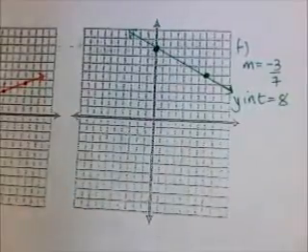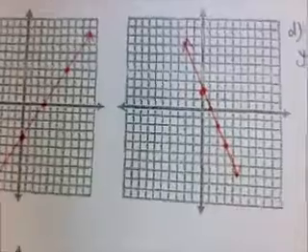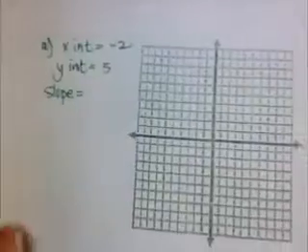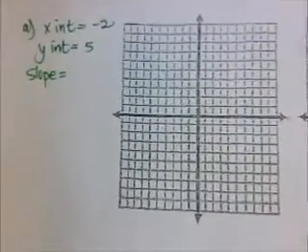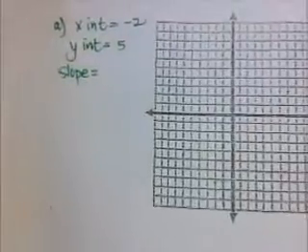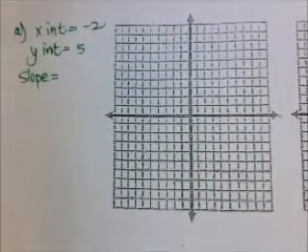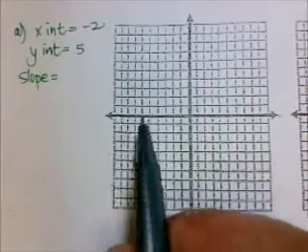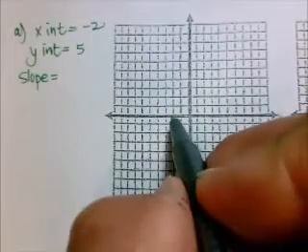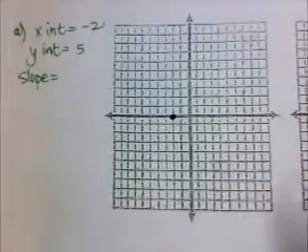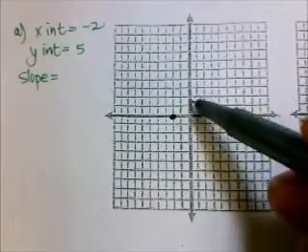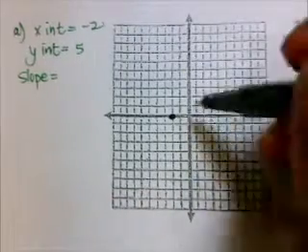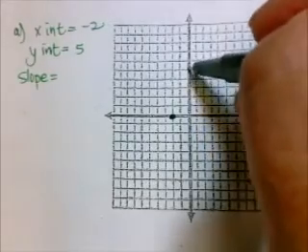Okay. All right. Now, what if you've been given an x-intercept and a y-intercept, and then they want you to find the slope? Well, the x-intercept is where it crosses my x-axis, and so this is a -2, so there's my x-intercept. And then my y-intercept is the positive 5 where it crosses my y-axis, so 1, 2, 3, 4, 5.